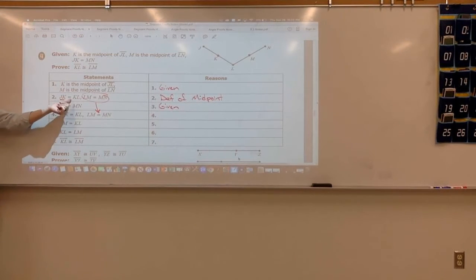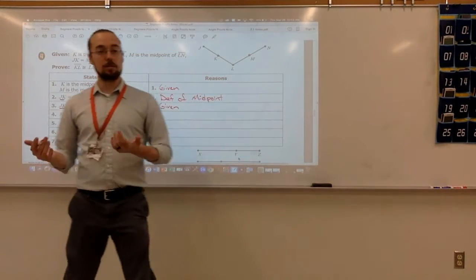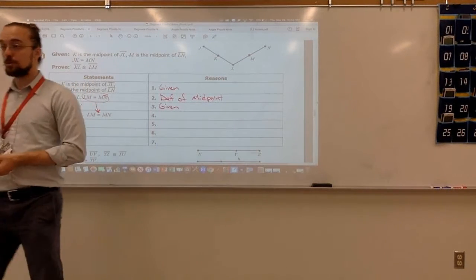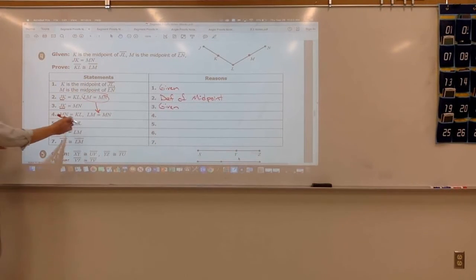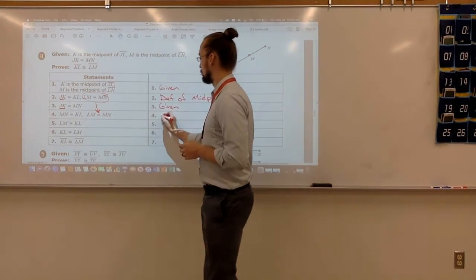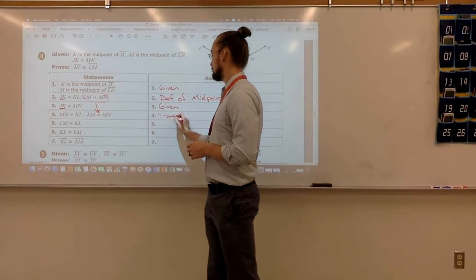So they said, well, if KL and MN are equal to the same thing, they would have to be equal to each other. So one way of stating this would be transitive property. Another way would be substitution. Okay? They said, well, if JK and MN are equal to each other, I can just replace JK with MN in this statement right here. Say MN equals KL. So both transitive and substitution would work for line 4.